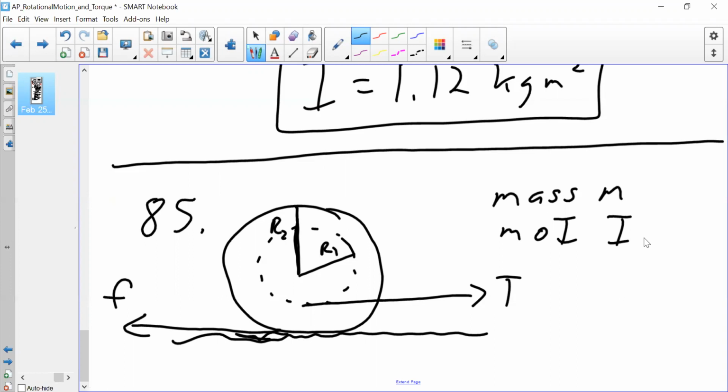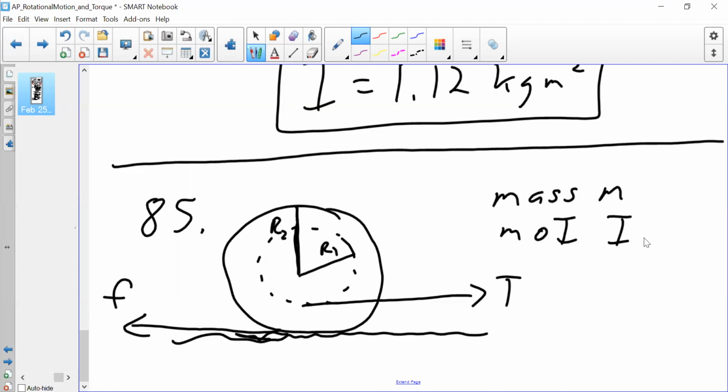So one thing we can do first is take a look at the torques in this situation. We have two forces here providing their respective torques. You have the force of friction applying a torque that's going to go to the left, and the tension is going to be pulling with a force to the right.